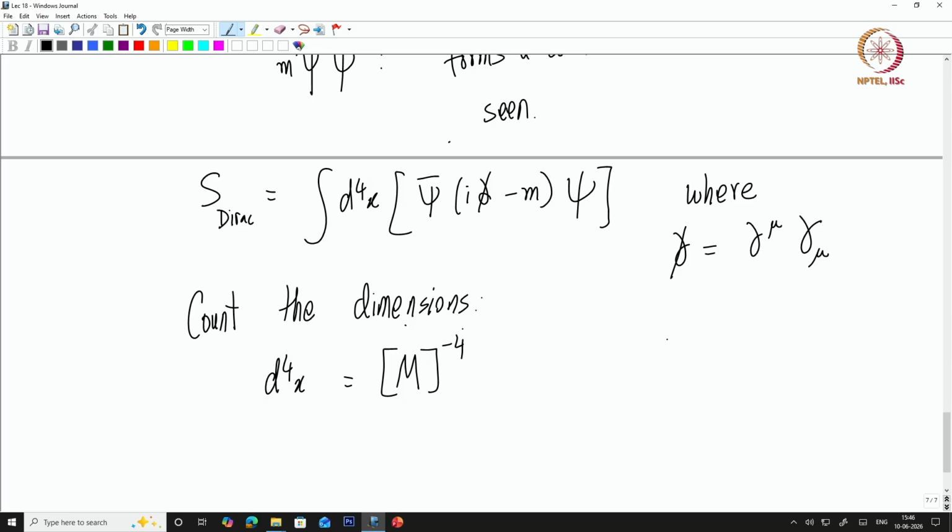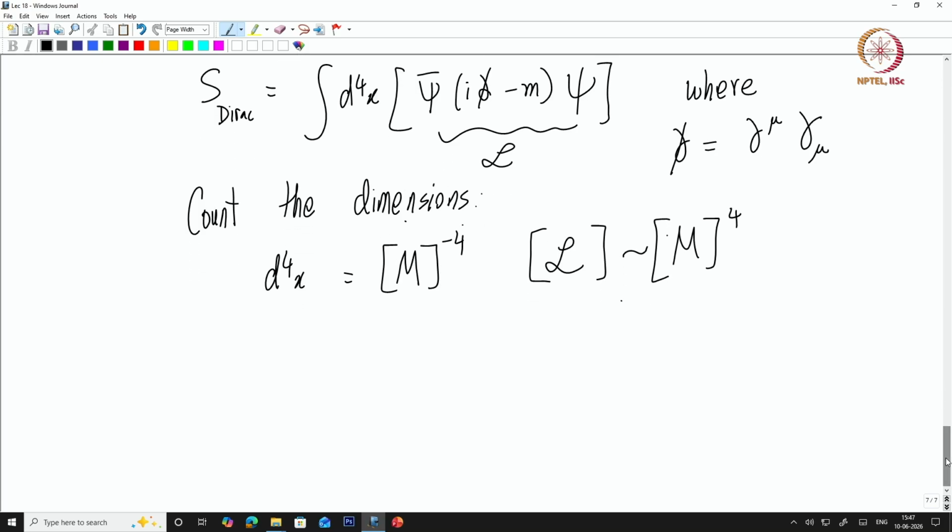So, that means this entire Lagrangian, curly L, Lagrangian density, should go as mass dimension 4.